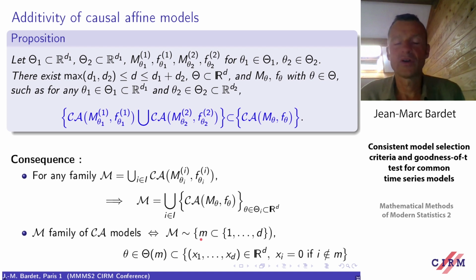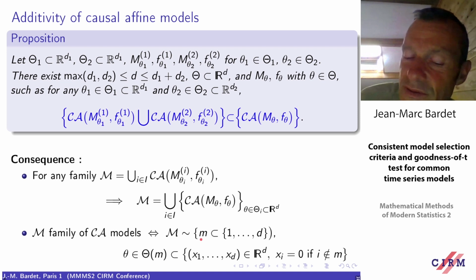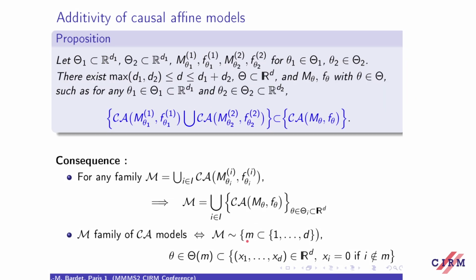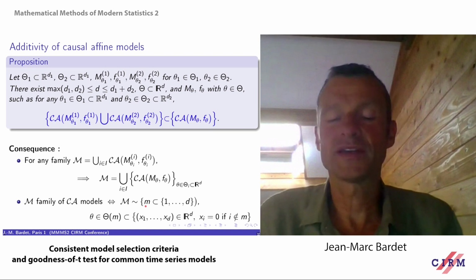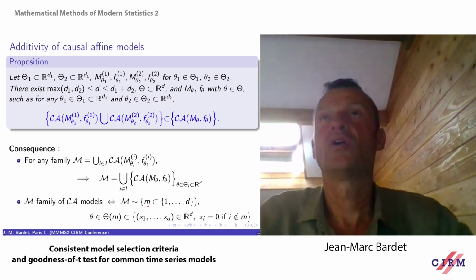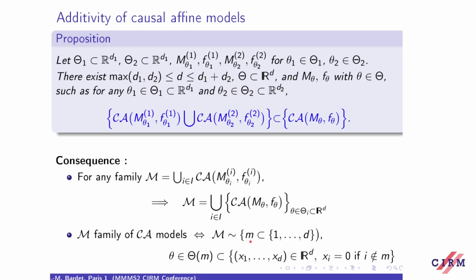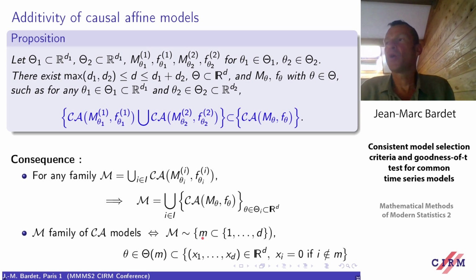And so, for instance, if we consider a family of ARMA processes where p and q are less or equal to 10, theta will be a1 to a10 and b1 to b10, and when you have ARMA(2,2), you will have all a3 to a10 and b3 to b10 equal to 0, because this is ARMA(2,2) and no more.